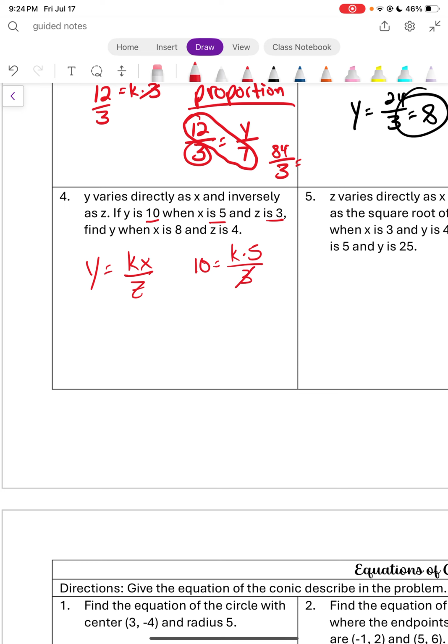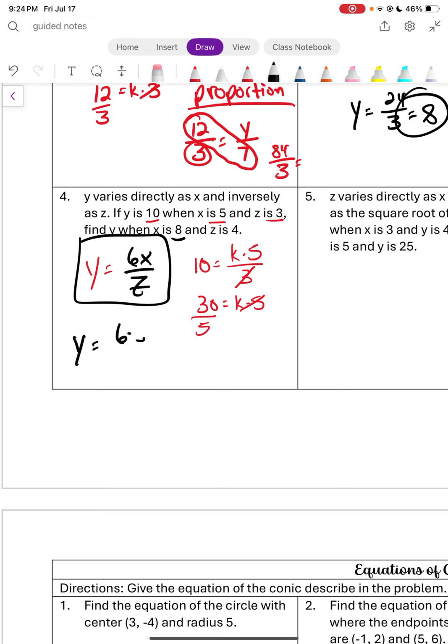We're going to multiply by 3. That gives me 30 equals k times 5. Divide by 5, and we get a k value of 6. So it's going to be 6x over z. There's my variation equation. And then it goes on to say, what is the value of y when x is 8 and z is 4? That's going to be 48 divided by 4, or 12 is your answer.